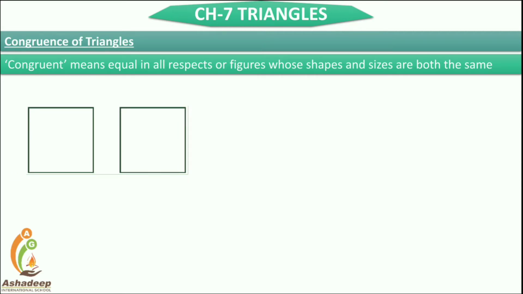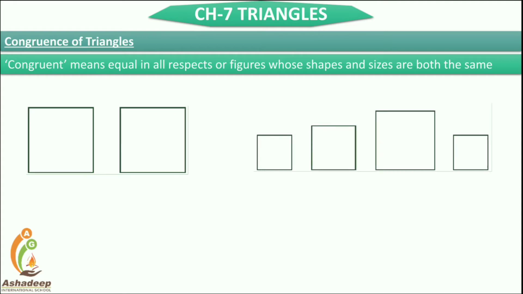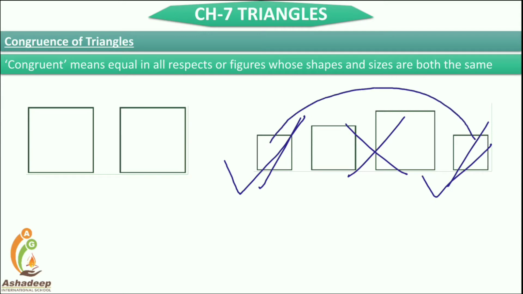But here in this figure, you need to identify which two squares are congruent. By seeing, you can say that this figure and this figure are congruent. These two are not congruent, because if you impose this square onto this square, it is exactly the same, exactly a carbon copy.